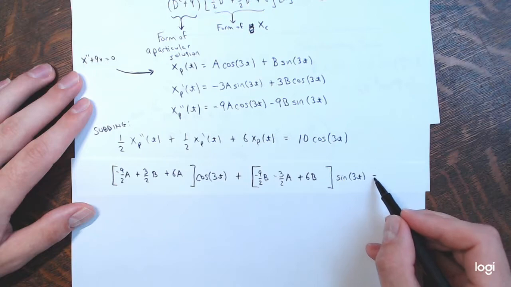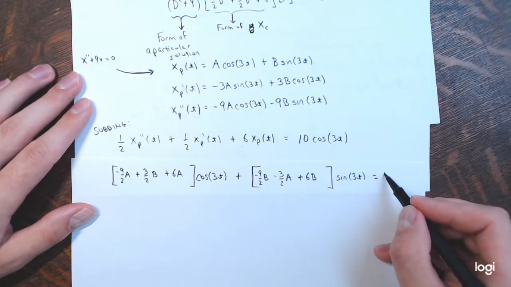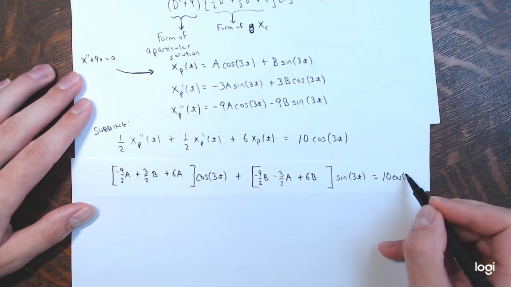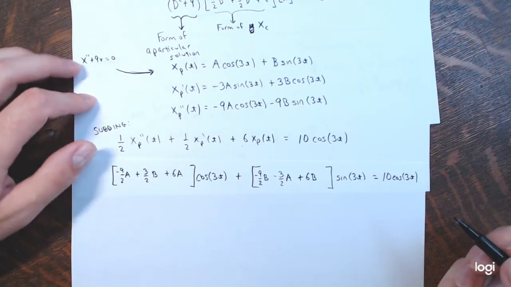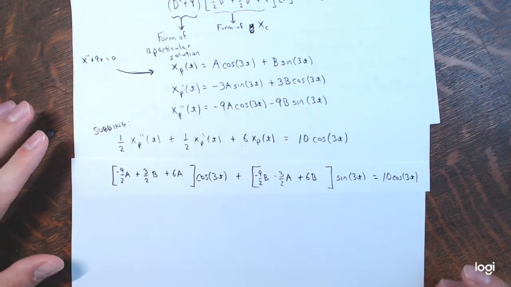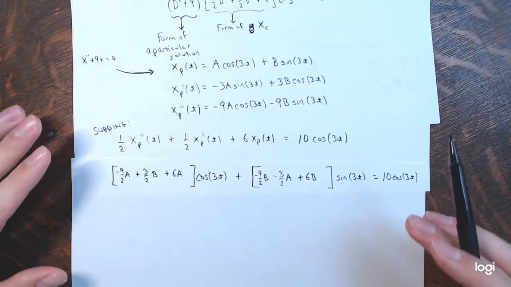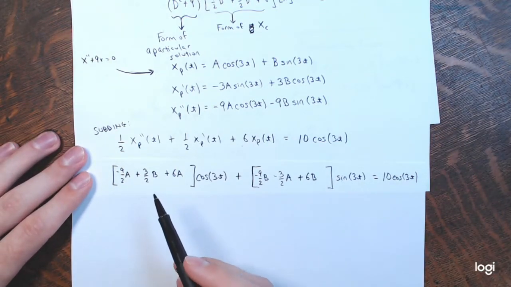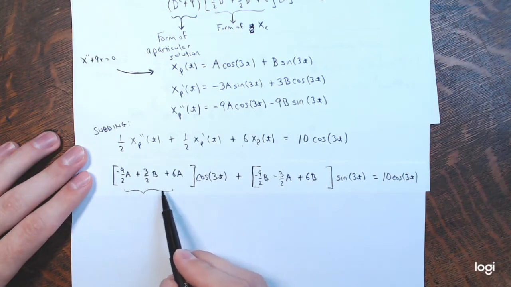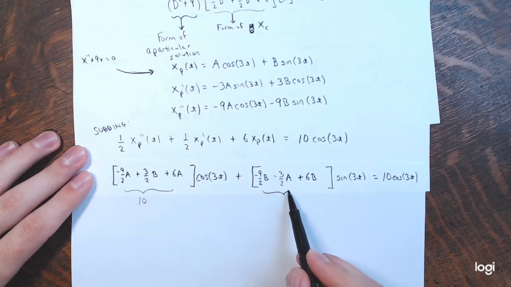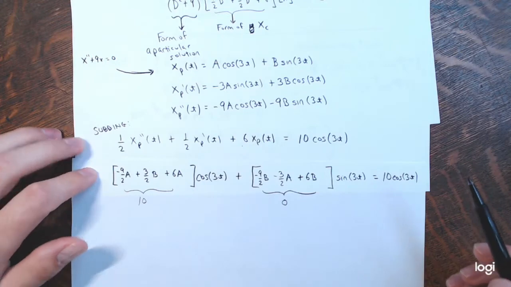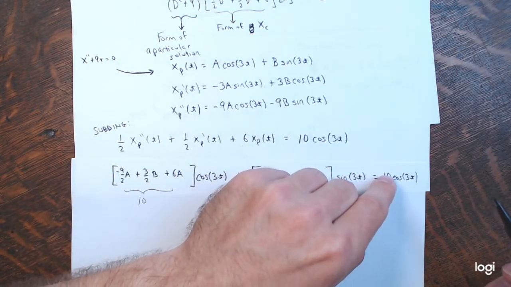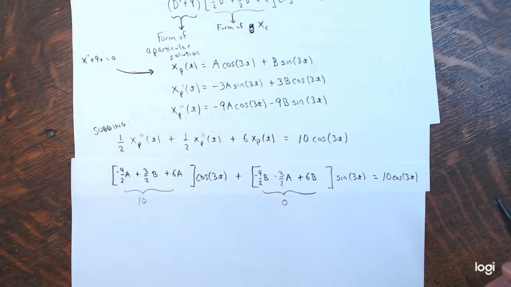And this all needs to be equal to 10 times the cosine of 3t. And then from this we get a system. I hope this all sounds familiar, solving non-homogeneous equations, finding particular solutions. So this needs to be equal to 10, and this needs to be equal to 0, because the coefficients of the cosine of 3t on both sides need to be the same, and the coefficients of the sine of 3t on both sides need to be the same.